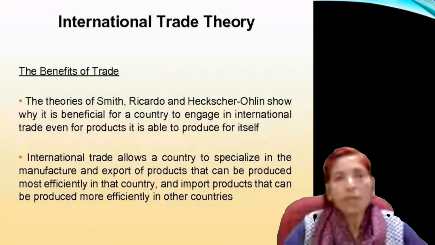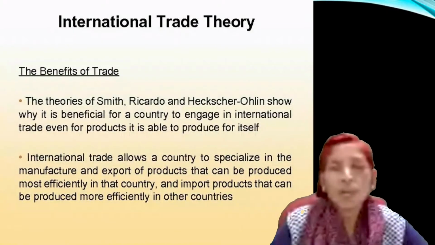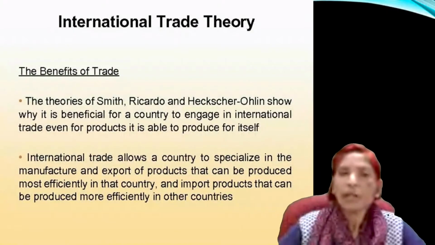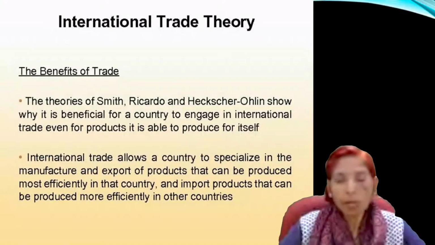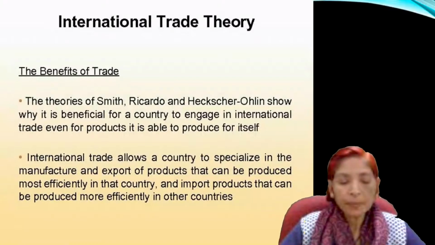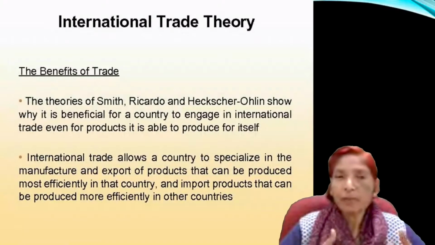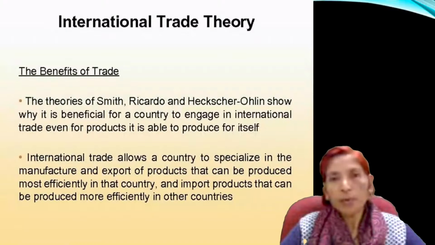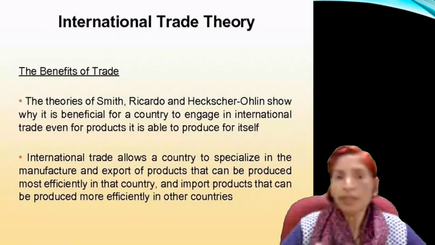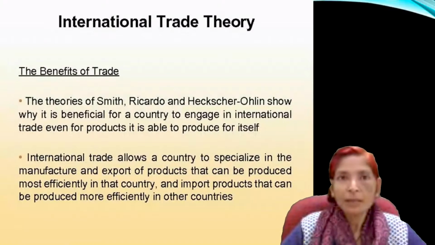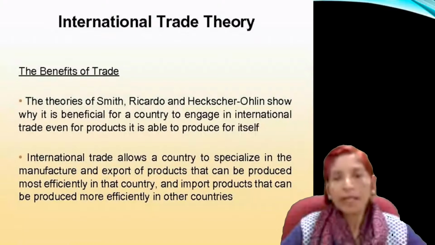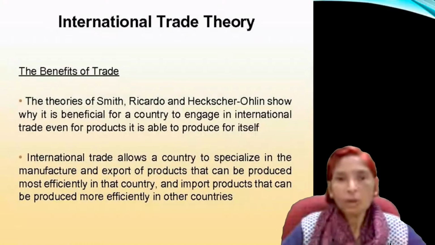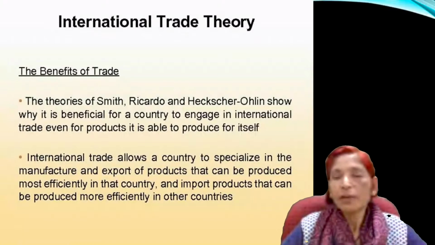If you are able to produce more goods, then you can export these goods to other countries. Then no problem of surplus will arise. And if there is a deficiency in our country of any product, then we can import goods and services from the rest of the world. So no problem of underproduction or overproduction will arise if we involve ourselves in international trade.